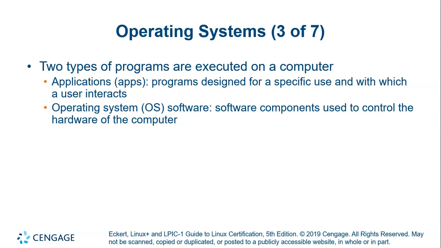Everything is an application that the user interacts with most of the time. There's also operating system level software that usually has protections on it, so only the kernel, the operating system itself, determines how that's used.